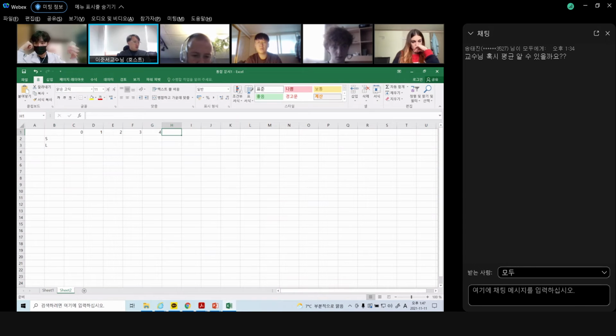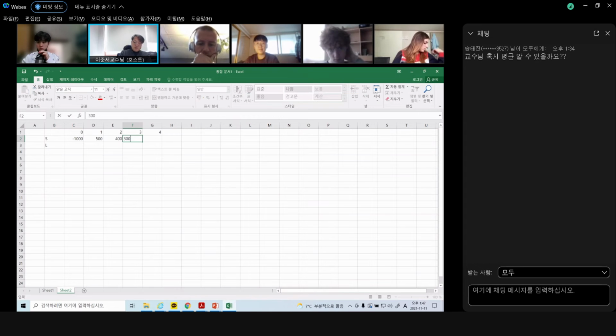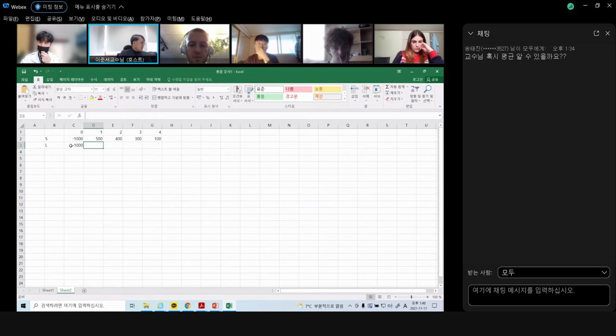This is table 12.1, page number 442. Project S's capital expenditure is negative $1,000, then 500, 400, 300, 100. Whereas project L's cash outflow is identical to project S's: 100 at time 1, 300 at time 2, 400 at time 3, 675 at time 4, right?